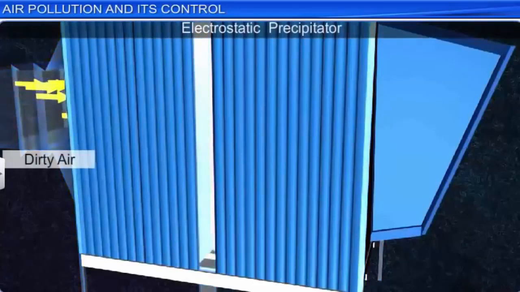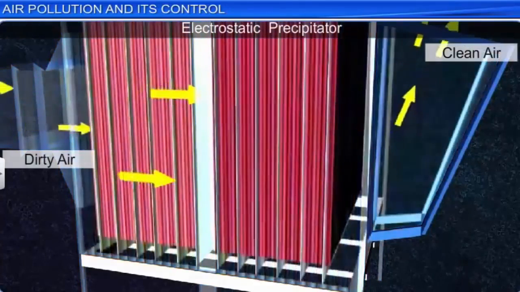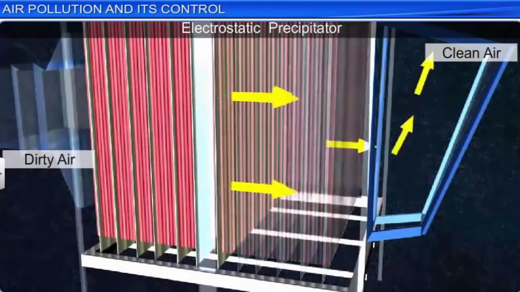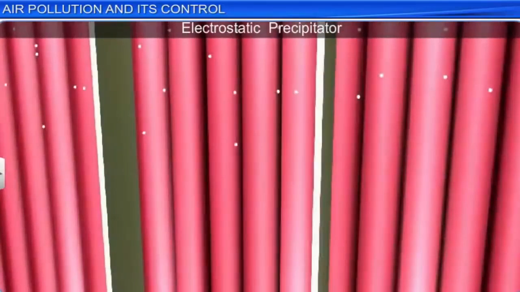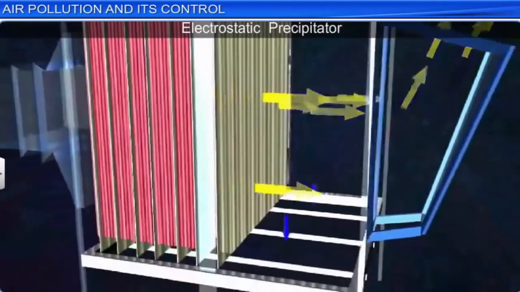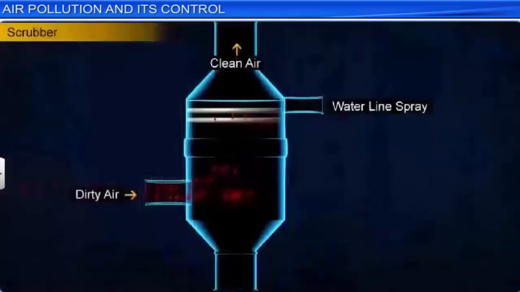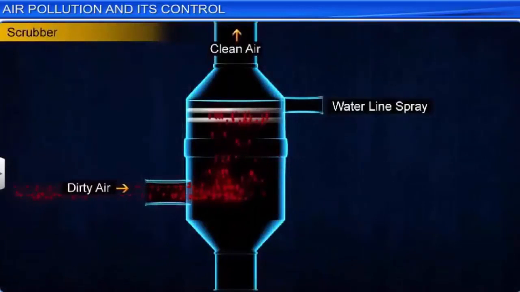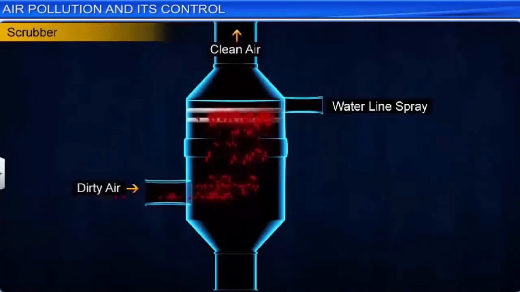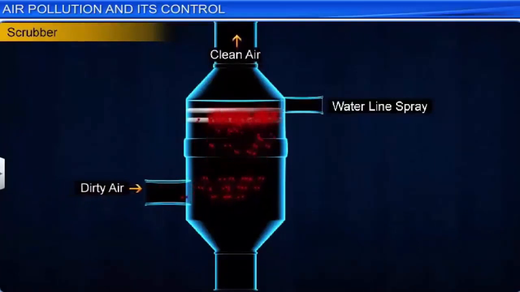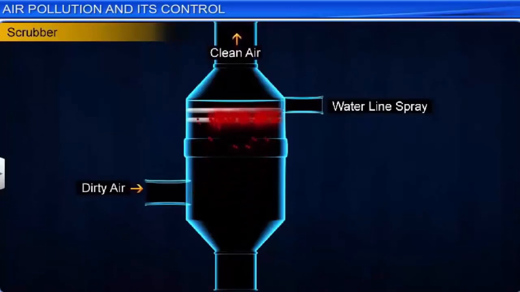One of the most widely used methods to filter particulate matter uses an electrostatic precipitator, which is capable of removing over 99% of particulate matter present in industrial exhaust. Another method requires the use of scrubbers. However, this method is incapable of removing very tiny particulate matter.